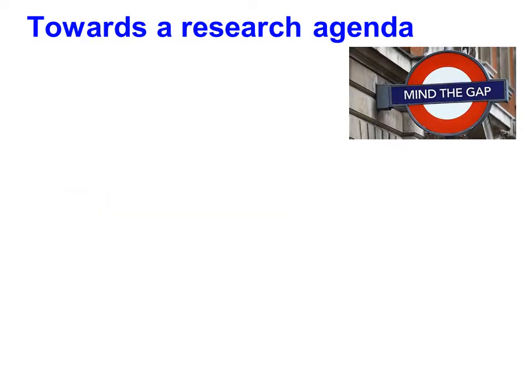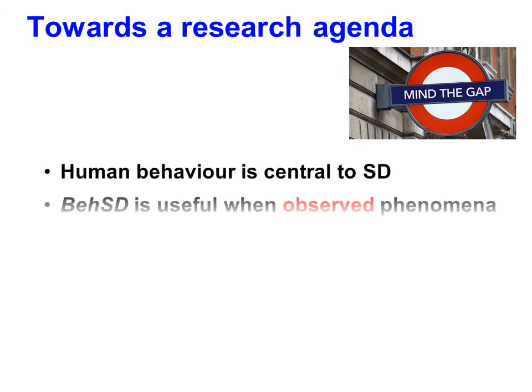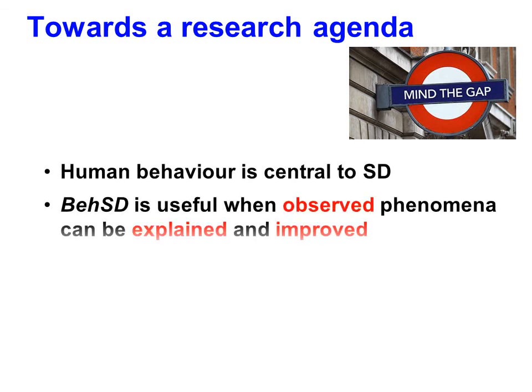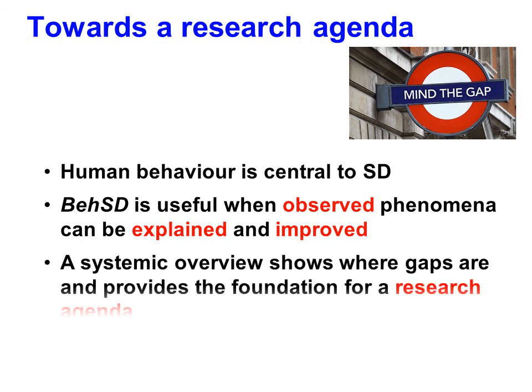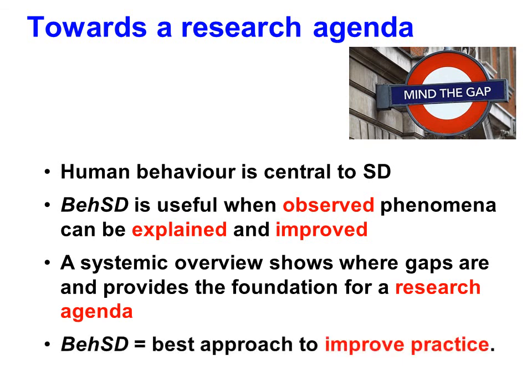What does behavioural system dynamics give? Well, human behaviour is central to system dynamics in its models and in decisions observed in labs and in the field. Behavioural system dynamics is useful when observed phenomena can be explained and improved. A systemic overview, such as the one we have tried to work on, could show where the gaps are and provide the foundation for a research agenda.